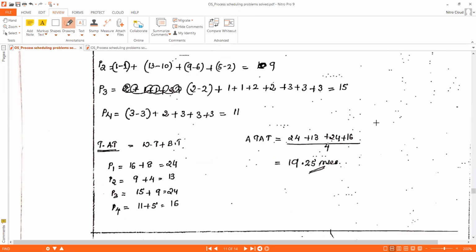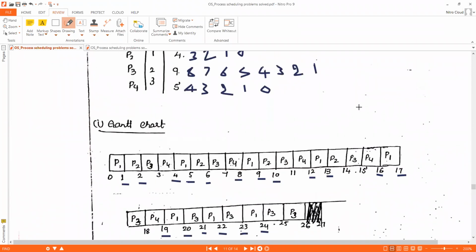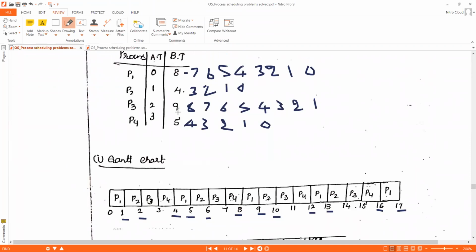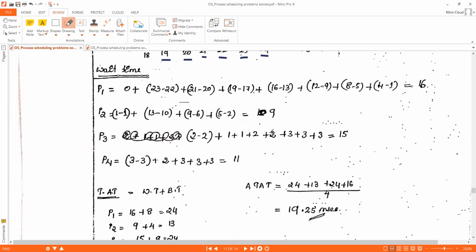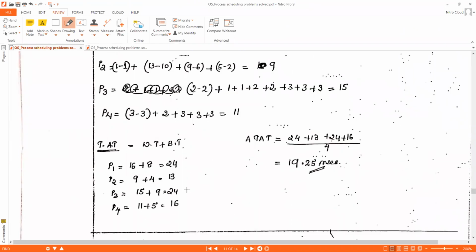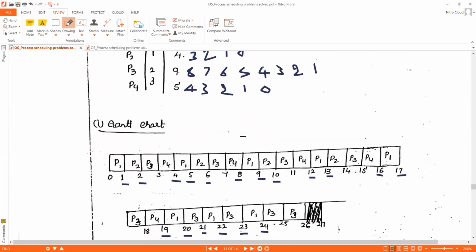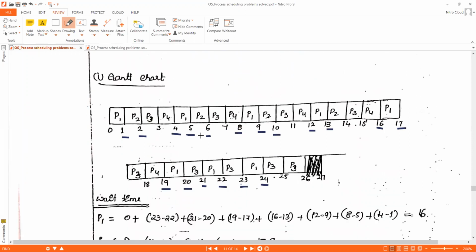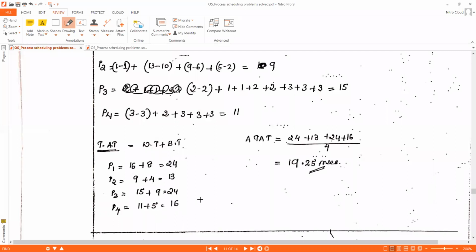Next, process 3's waiting time is 15 milliseconds, plus its burst time of 9 milliseconds. So 15 plus 9 is 24 milliseconds, the turnaround time for process 3. Next, process 4's waiting time we got is 11 milliseconds, plus its burst time of 5 milliseconds. 11 plus 5, we get 16 as the turnaround time.